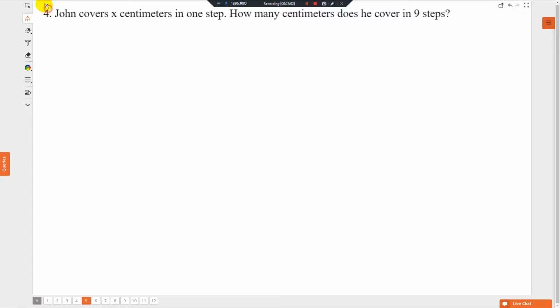So there's a question regarding a boy named John. John covers x centimeters in one step. Think that this is John's foot, this is John's footstep, one step, and in this step he covers x centimeters.